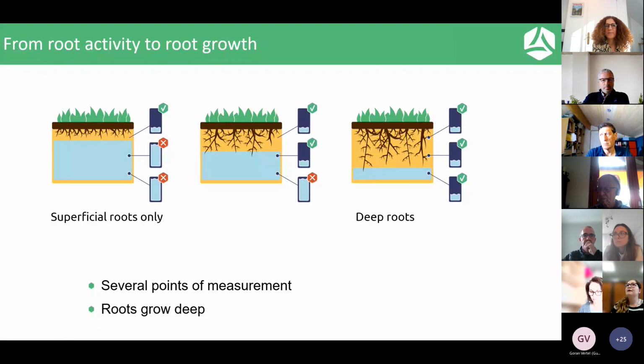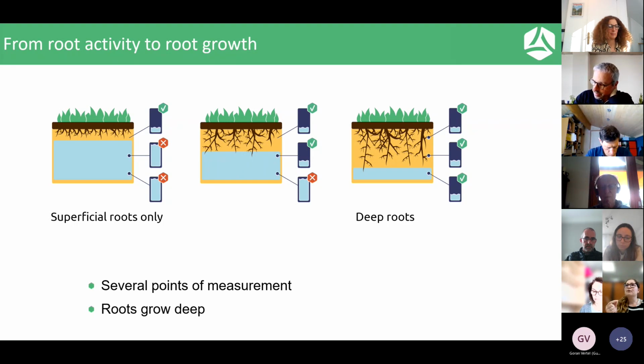You will see drying on the first 5 centimeters, but not at 10 centimeters at first. Then with time, you'll see that at 10 centimeters it will start to dry, and then at 15 centimeters it will start to dry. So you can measure the root development and the root growth.